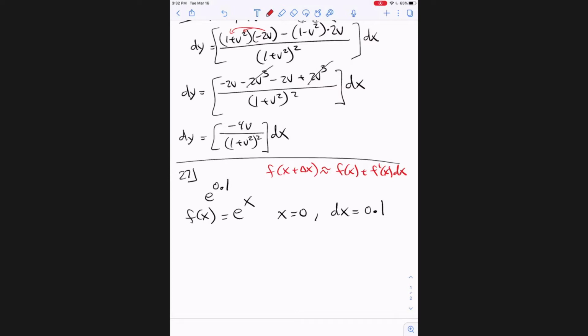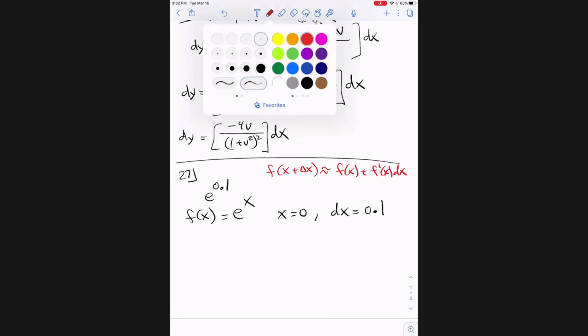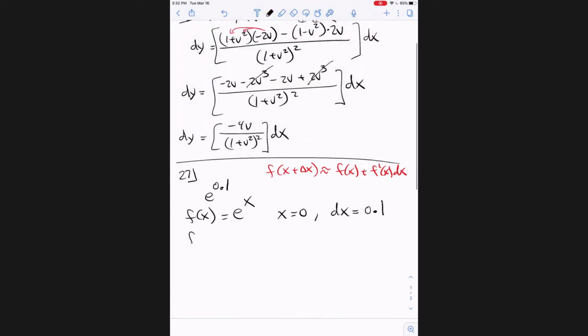So let's go ahead and do this. The derivative, of course, is itself. All right, so here we go. We're going to go f of 0 plus 0.1, which is f of 0.1, can be approximated by f of 0 plus f prime of 0 times 0.1, right?